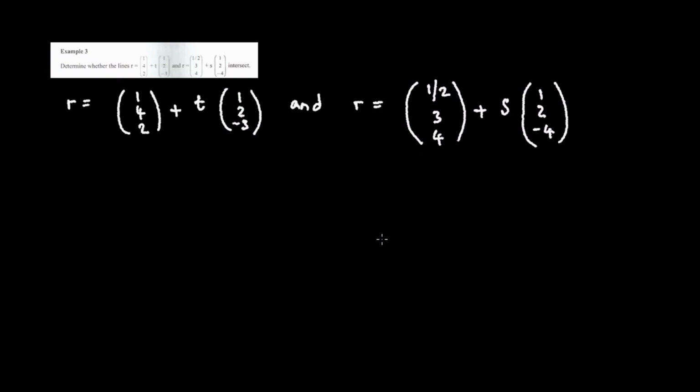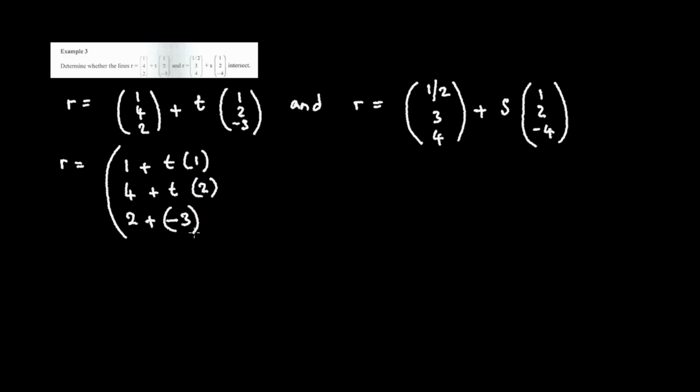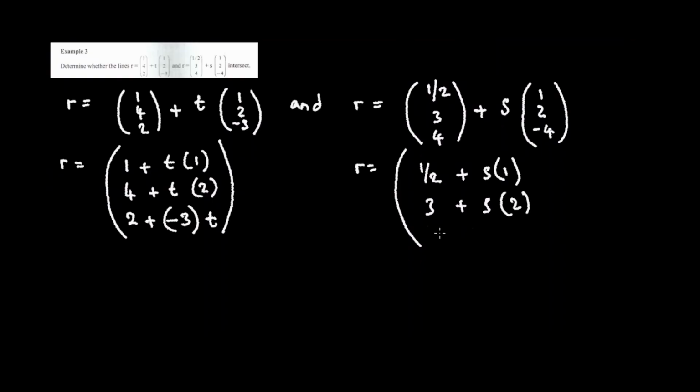Like that. So here r is equal to 1 plus t multiplying 1, 4 plus t multiplying 2, 2 plus minus 3 multiplying t. Then here r is equal to half plus s multiplying 1, 3 plus s multiplying 2, 4 plus s multiplying minus 4.